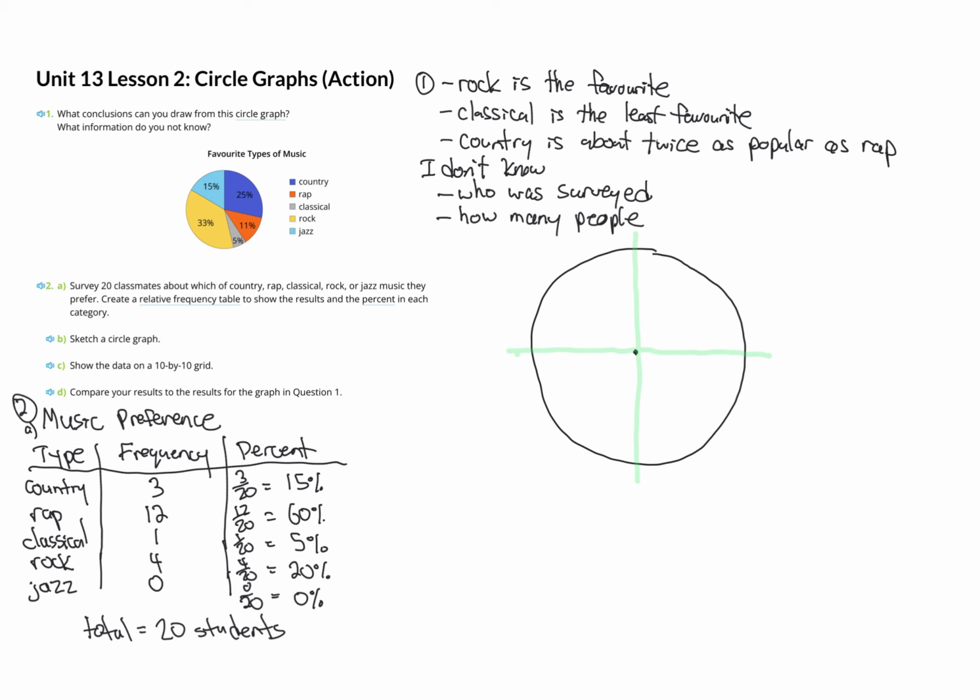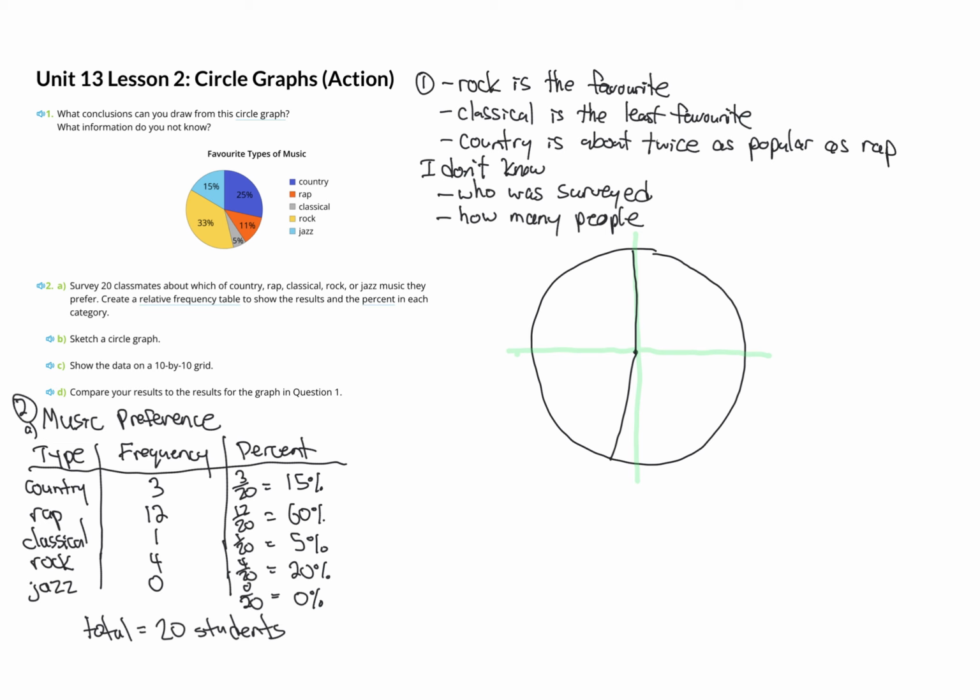So I'm going to take a look at my table here, and I notice that rap is 60%. Well, if rap is 60%, that means I'm going to be coloring in a little more than half of my circle. So that's about correct.